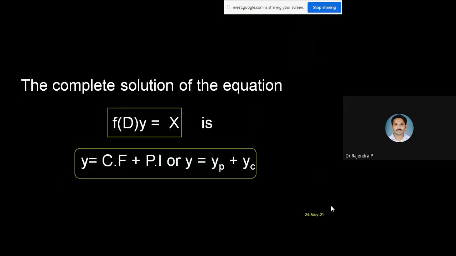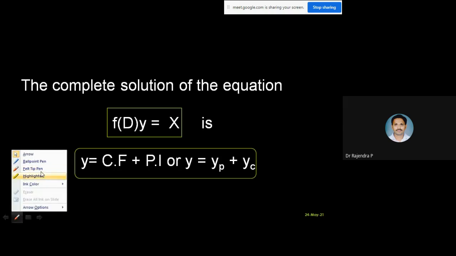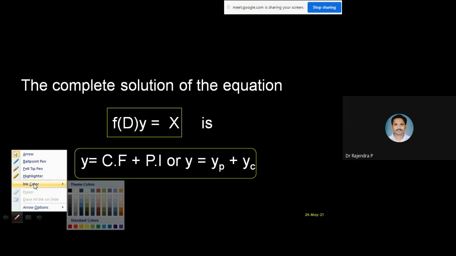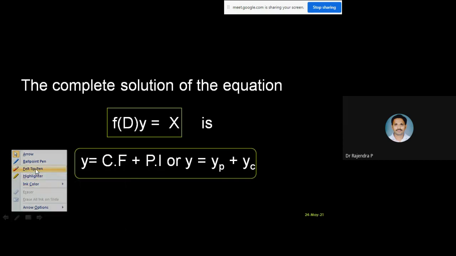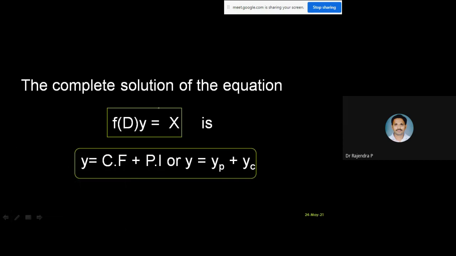Once you write your differential equation in the symbolic form, the equation is of this form, f of D into y is equal to x, where D stands for d by dx.